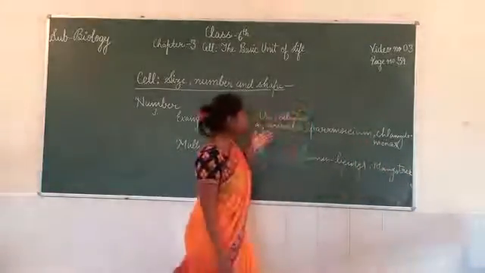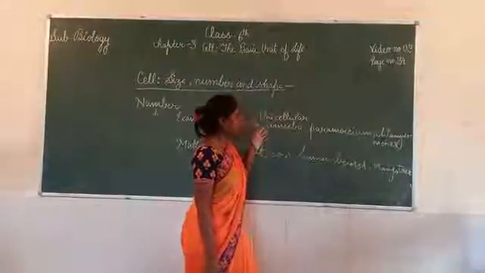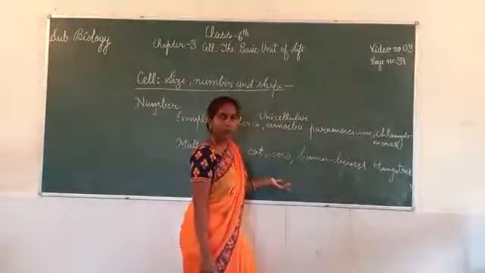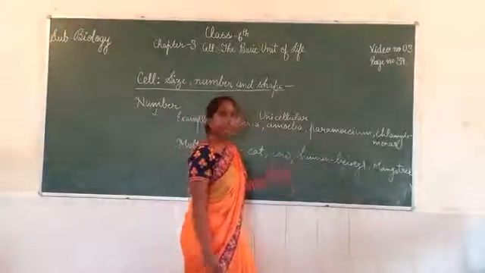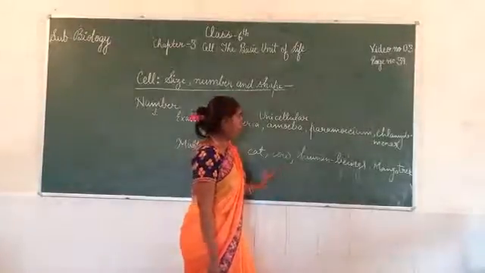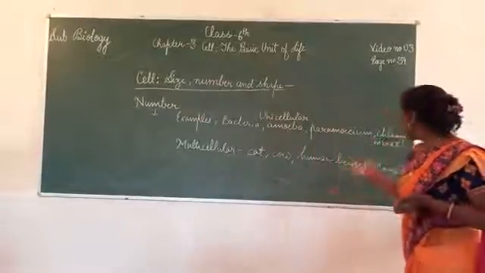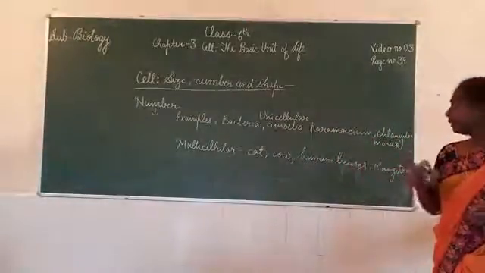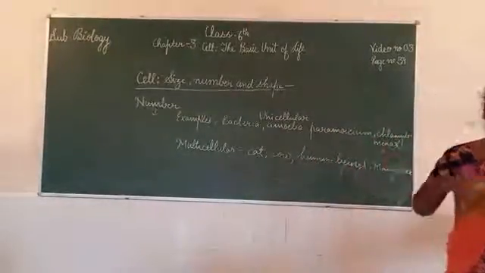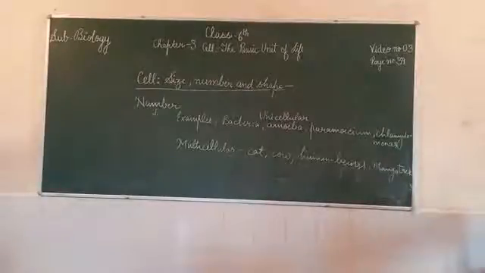Children, except for these unicellular ones, all are multicellular. It means they have many cells in them. Cat, dog, buffalo, deer, lion, neem, mango, people, hibiscus, all are multicellular because they have many cells in them.